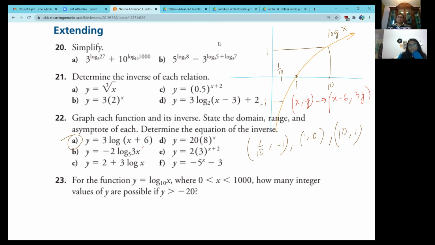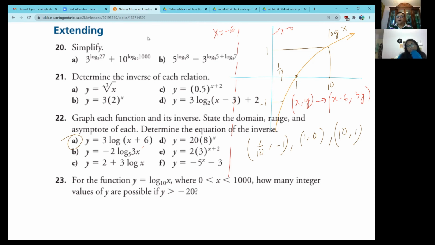Now, that means first is the vertical asymptote, which is at x equals 0, right? It will move 6 units left. So we'll have a vertical asymptote, which will be here now, at x equals -6, correct? So we got the vertical asymptote.